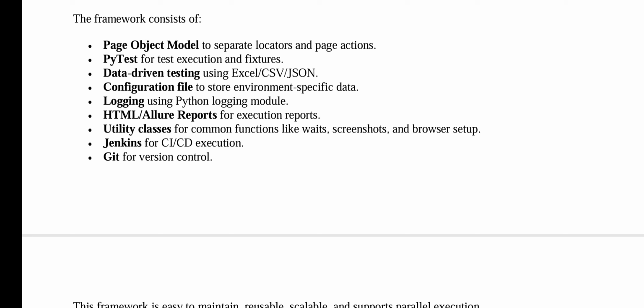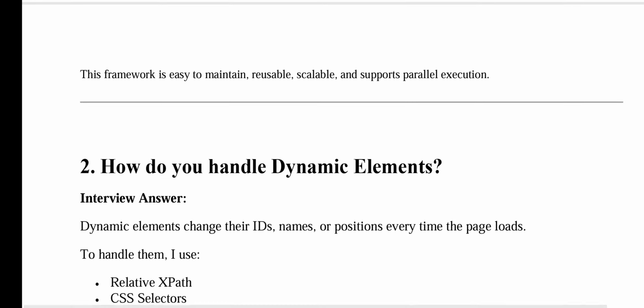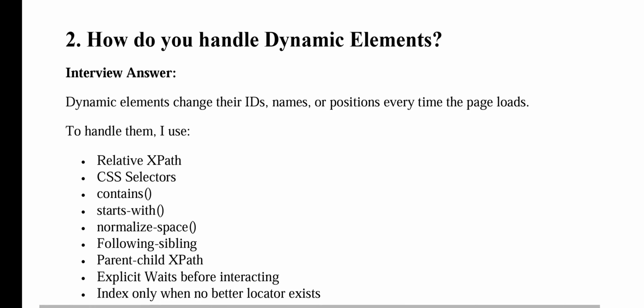And it consists of Jenkins integration for CI/CD execution, and we had Git for version control. Okay, so this framework is easy to maintain, reusable, scalable, and it supports parallel execution. So this is how you can answer in an interview ready short format.